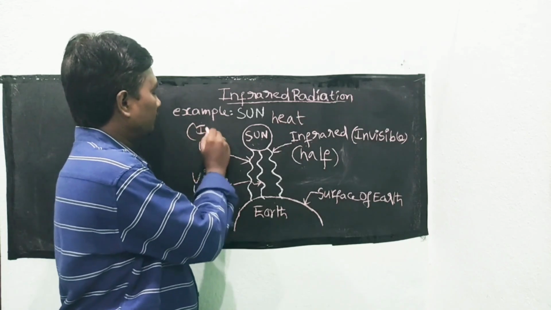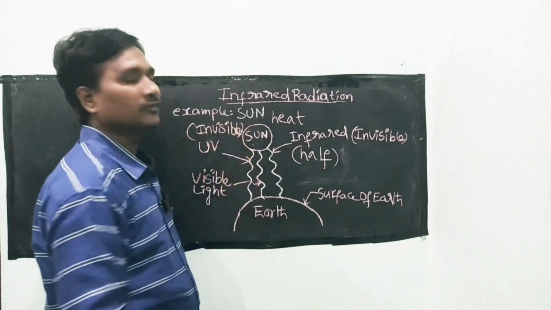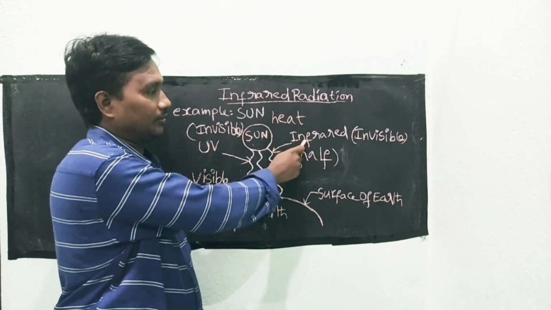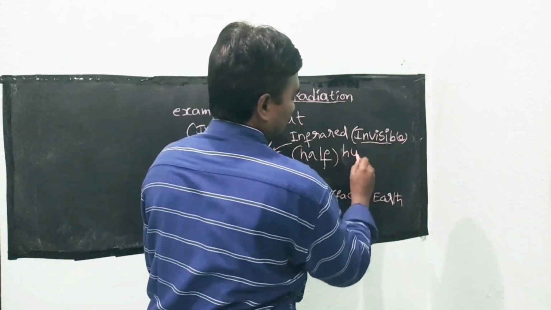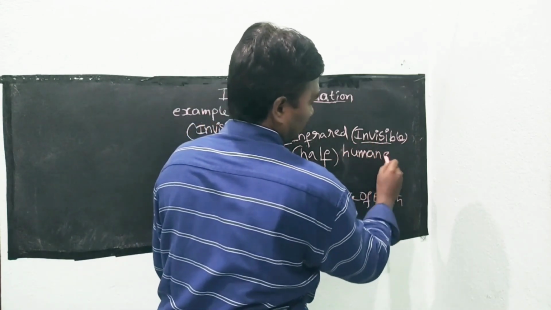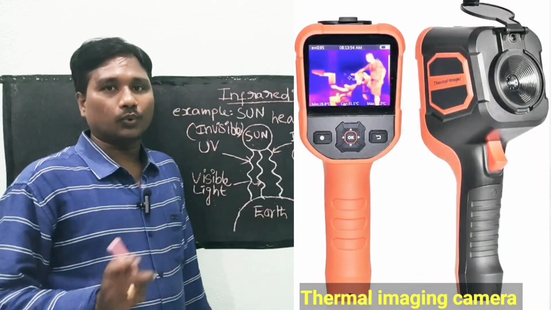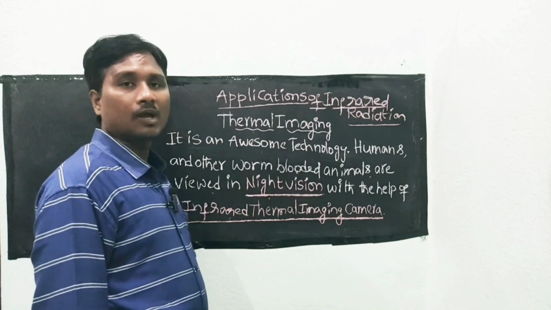UV is also invisible. This is a very important point regarding infrared radiation: infrared radiation is invisible to the human eye. It can be seen only with the help of infrared thermal imaging cameras.